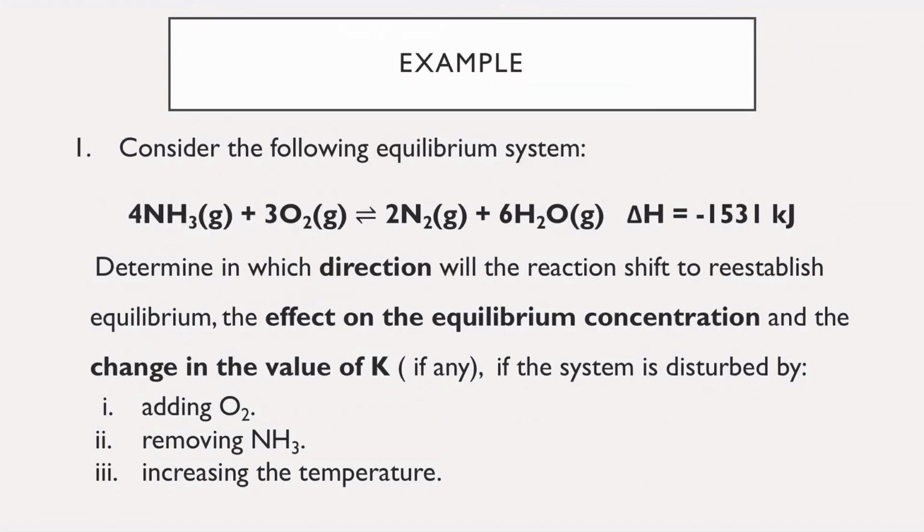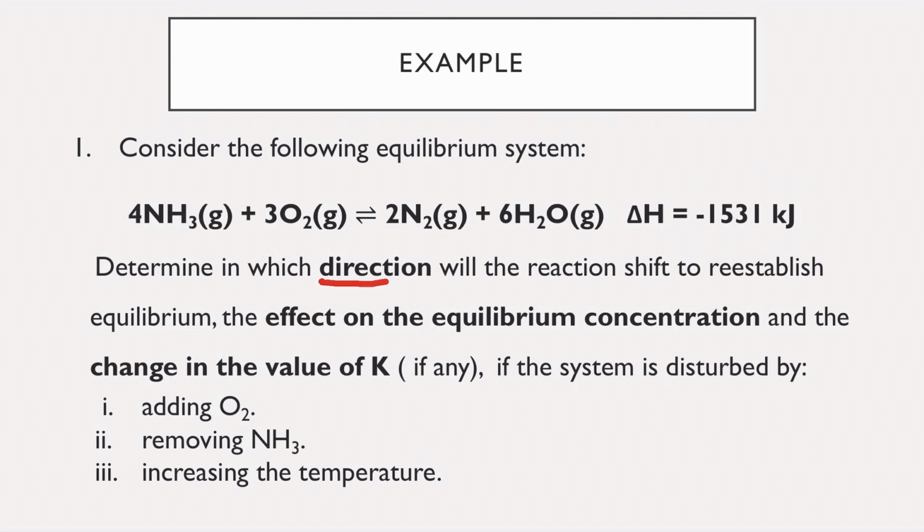So to summarize, we are going to see a few of these questions, right? So consider the following equilibrium system. Let's see. For this reaction, okay? You can see that it is an exothermic reaction. Determine in which direction the reaction will shift.